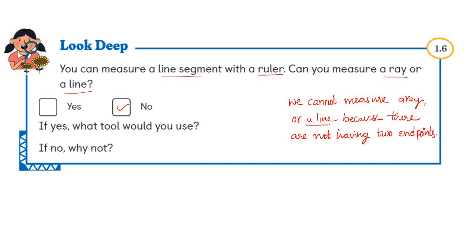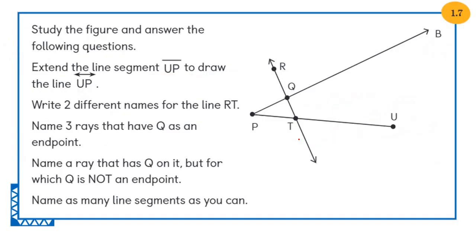A line extends on both sides infinitely and a ray has only one endpoint and on the other side it extends endlessly. So we can't measure a line and a ray.